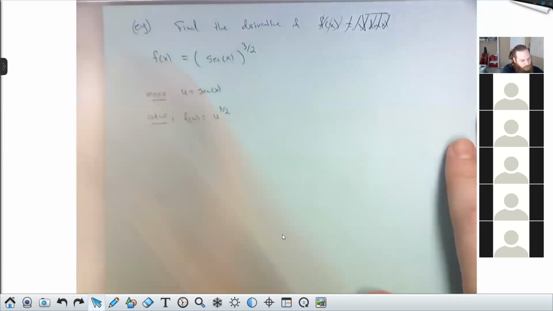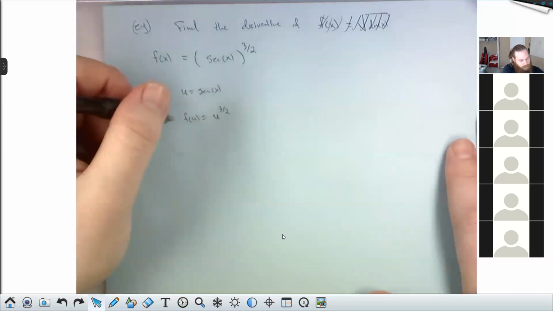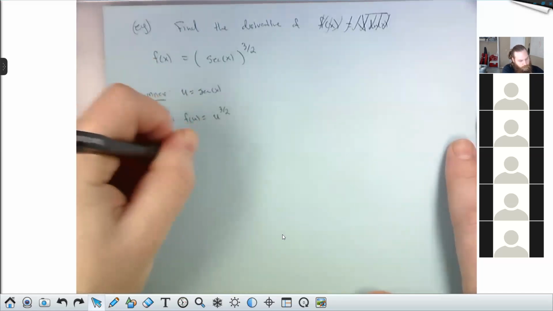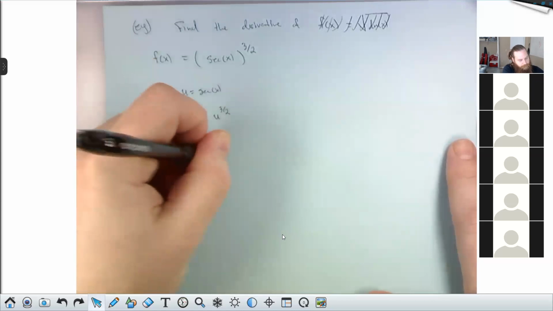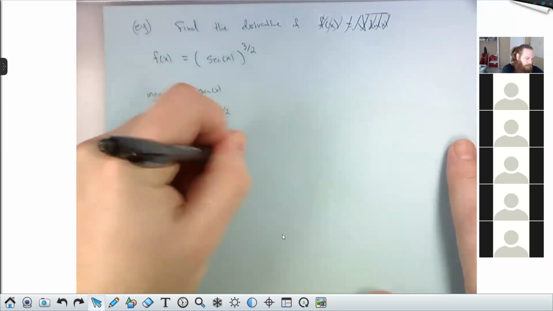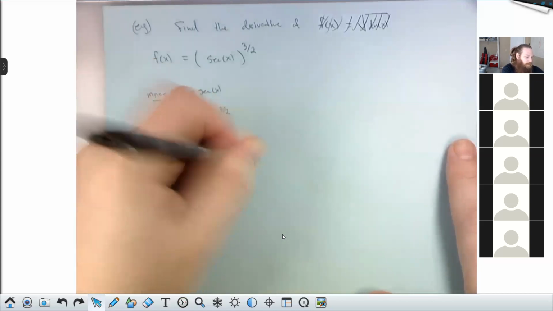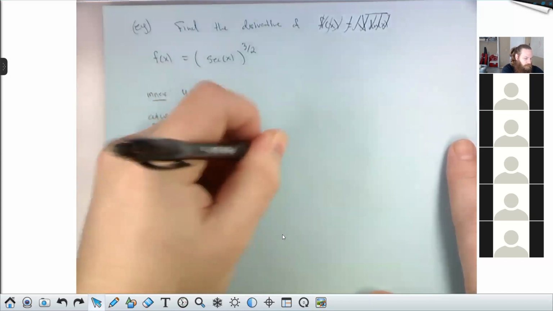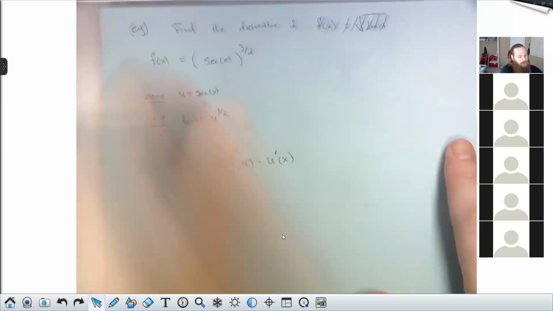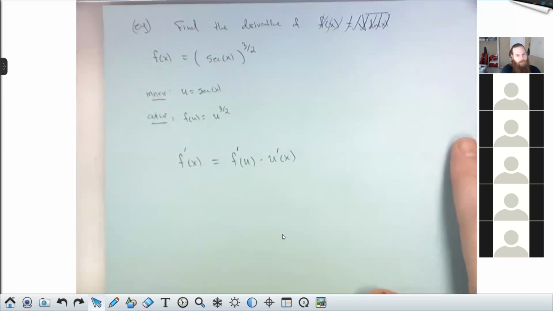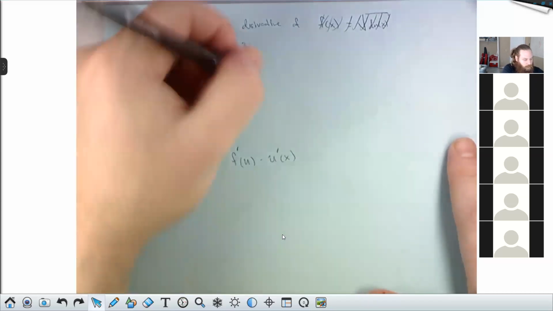And that means that my derivative, f primed of x, should be f primed of u times u primed of x, right? So I need to calculate u primed.